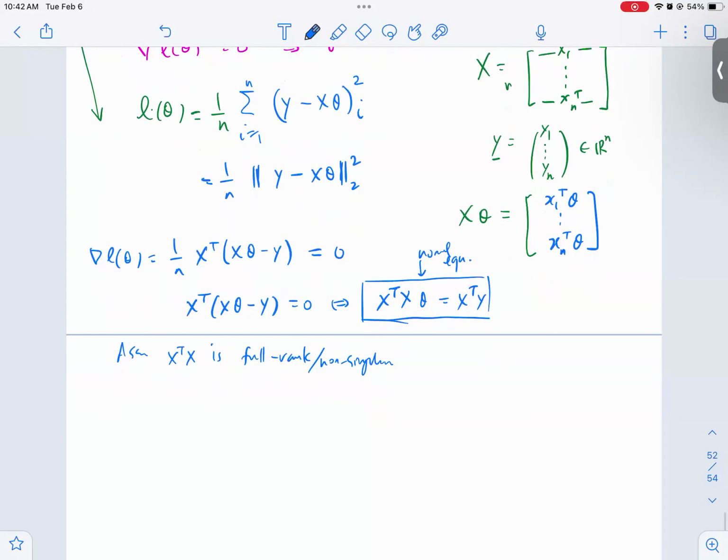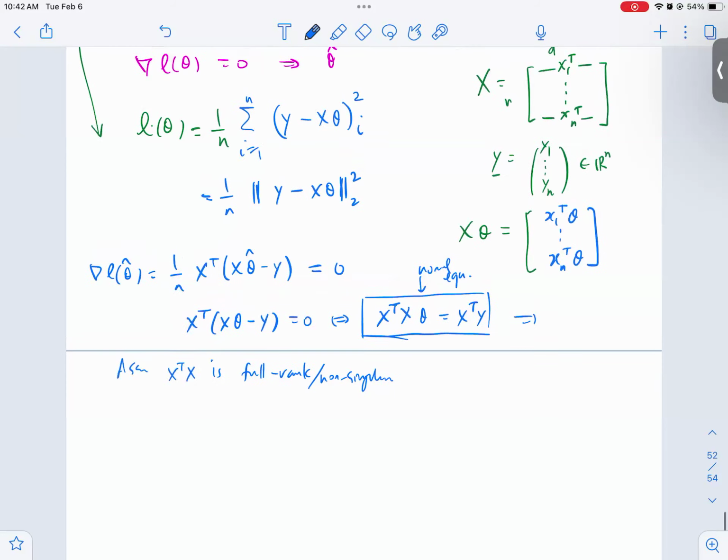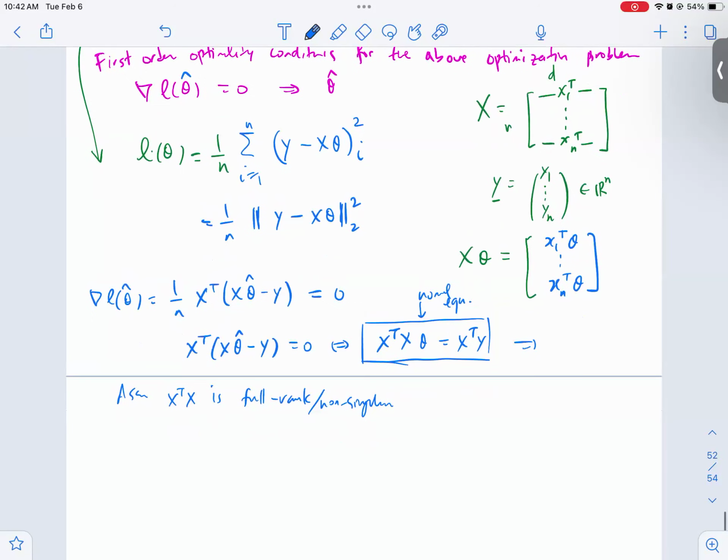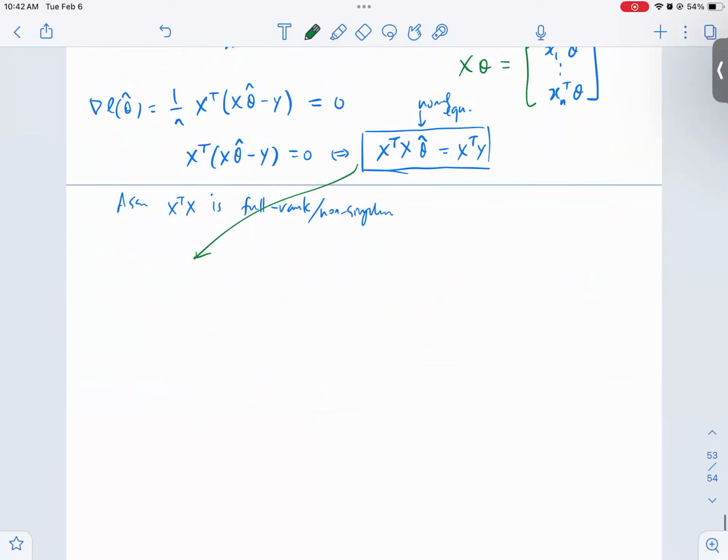Then theta hat should satisfy this. So the theta hat solves this equation. Right, so theta hat is x transpose x inverse x transpose y.